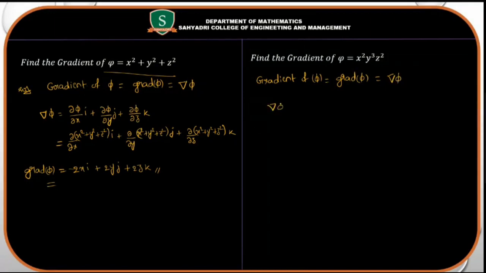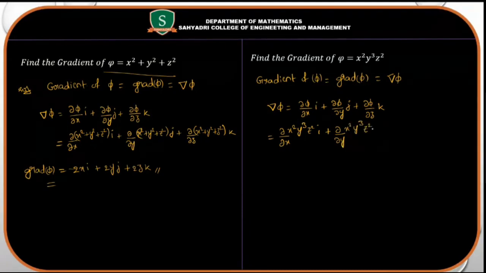So del phi is defined as dou phi by dou x i plus dou phi by dou y j plus dou phi by dou z k. That means dou by dou x of x square y cube z square i, plus dou by dou y of x square y cube z square j, plus dou by dou z of x square y cube z square k.